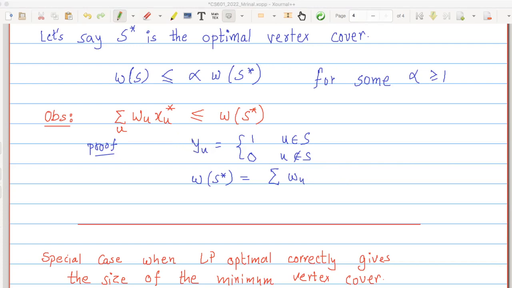So let me use a simpler notation. Let me call this vector y. I'm constructing a vector y whose uth coordinate is 1 if u is in S star and 0 if u is not in S star.